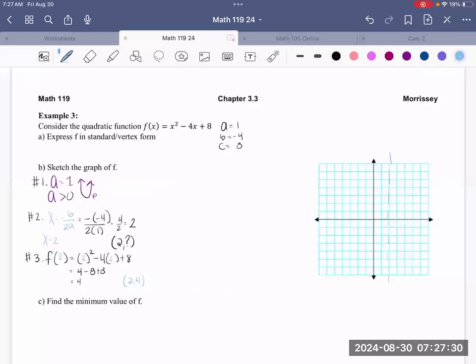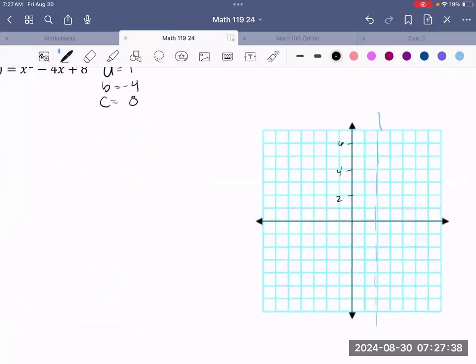Let's go ahead and put that on your graph. Again, give some context to your graph. Maybe we go all the way up to 8. Let's see, maybe these are by 2s.